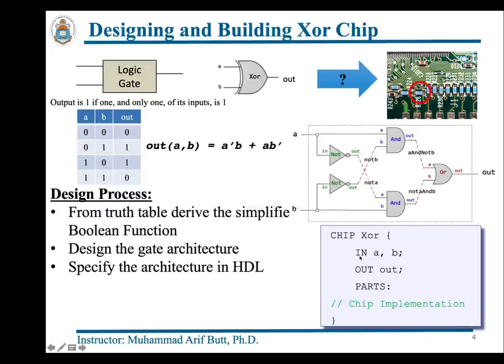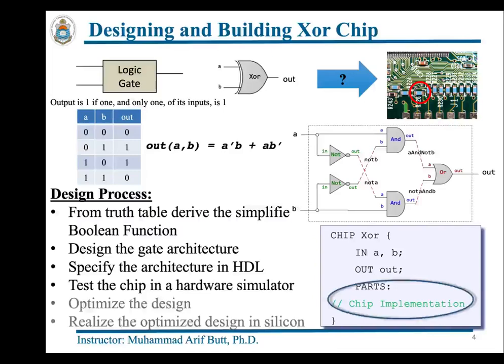The chip interface is that it has two input pins A and B and one output pin, namely out. And under the parts portion we have the chip implementation, which is right now missing over here. Once we have written the chip implementation, we will test the chip in the hardware simulator, and of course the optimization and the realization part is not part of our course. Let me move on to the next slide.